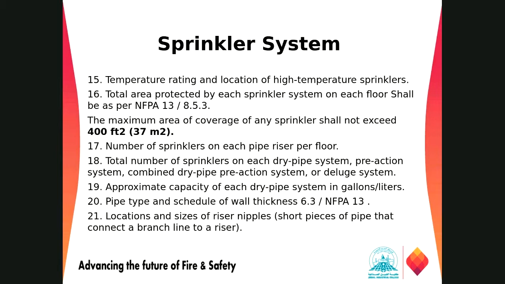Look for the temperature ratings and location of high temperature sprinklers. And then as per NFPA 13 8.5.3, what is the maximum area of protection by one sprinkler? In any case, the maximum area of protection shall not be more than 37 square meters or 400 square feet for extended coverage sprinklers.